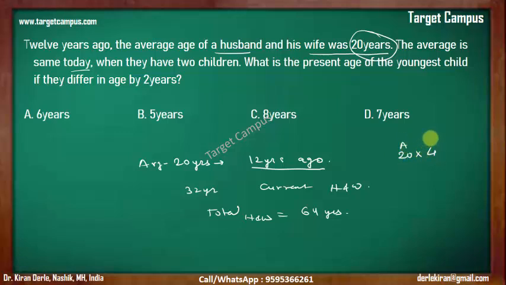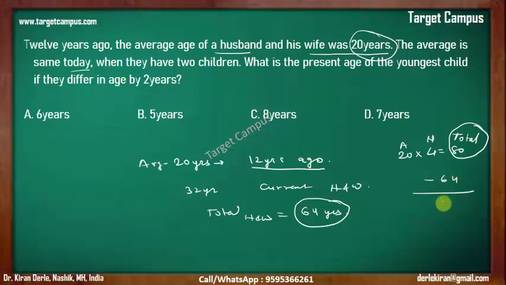That means 4 people, so the total is 80 now. Present current total is 80, out of which current total of husband and wife is 64. So what remains is 16.